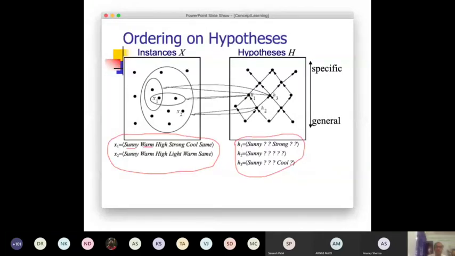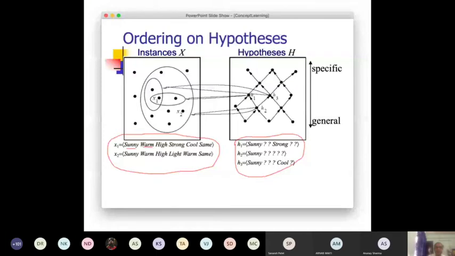One of the interesting facts in the hypothesis space is that there is a certain kind of structure or order in that space. That means some hypotheses are more specific and some hypotheses are more generalized. For example, you see these two hypotheses, H1 and H2.